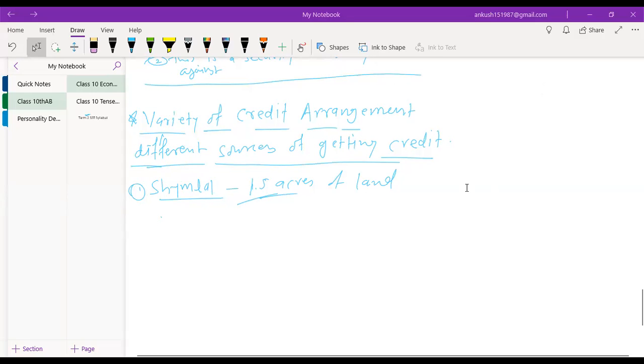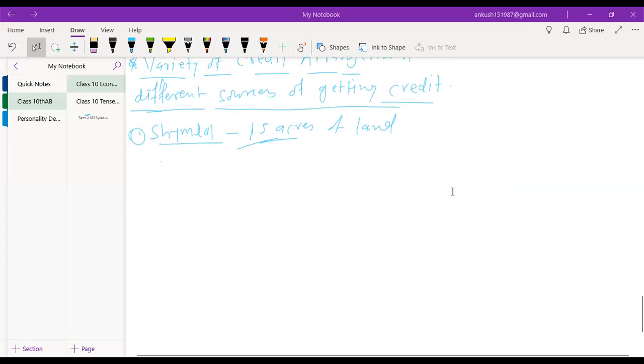Are you able to see the screen now? Yes, sir. There is a lot of problem with the internet connectivity here in my locality, because there was heavy rain yesterday. That is why connectivity is not proper.